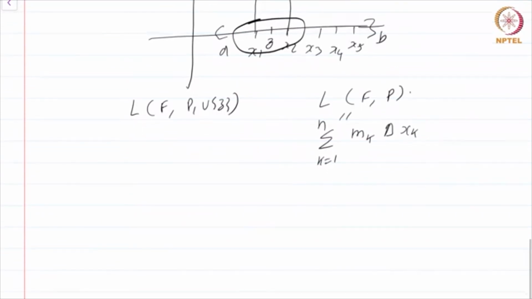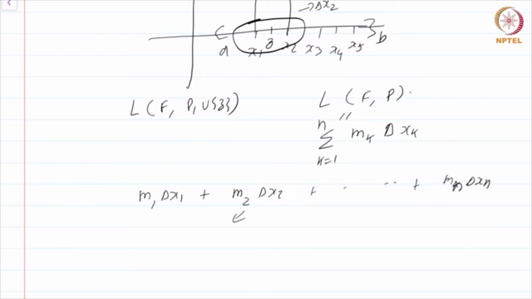In our notation, this is delta x2. So you have m1 delta x1 plus m2 delta x2 plus so on, and finally mn delta xn.